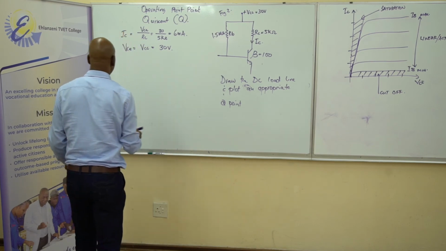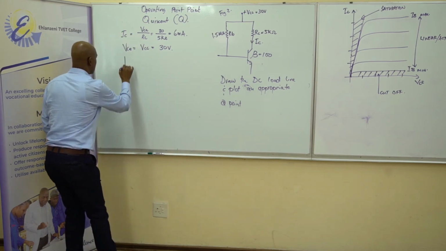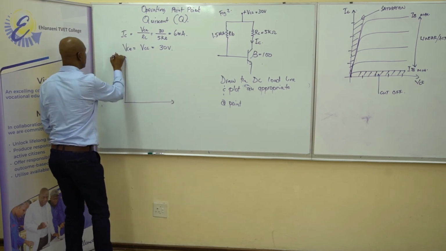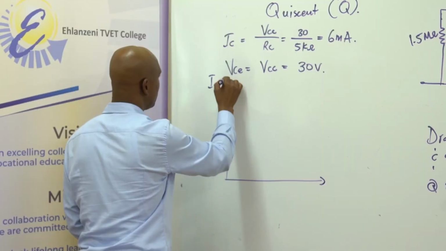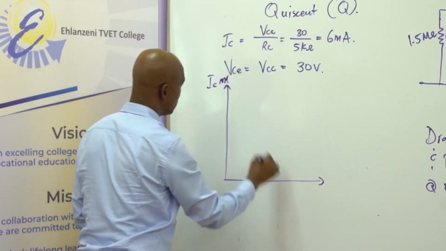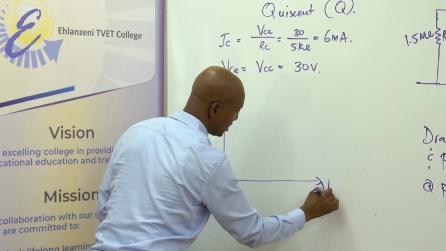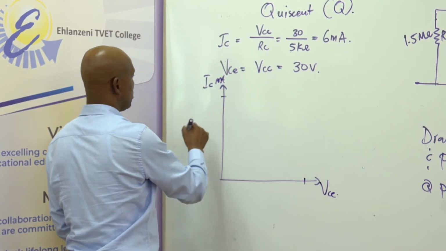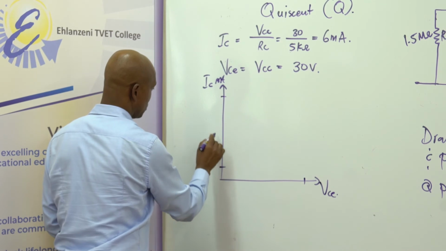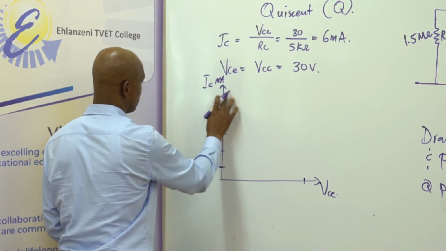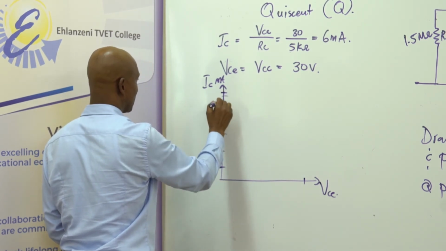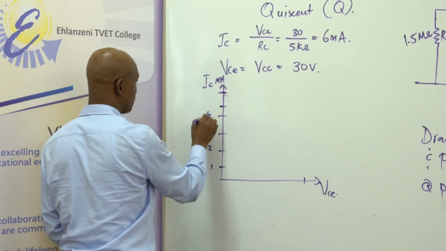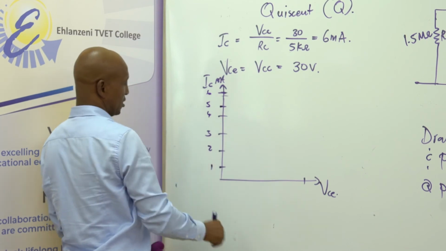We can now draw the DC load line. So, let's draw the DC load line. There we are, IC in milliamps, VCE in volts. So, let's say 1, 2, 3, 4, 5, 6. So we have our 1, 2, 3, 4, 5, 6.